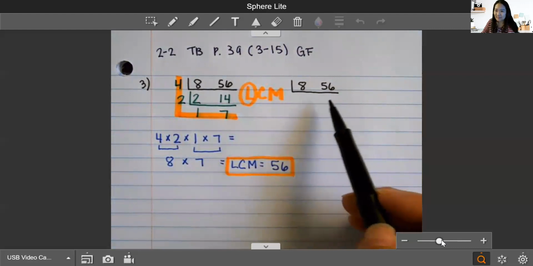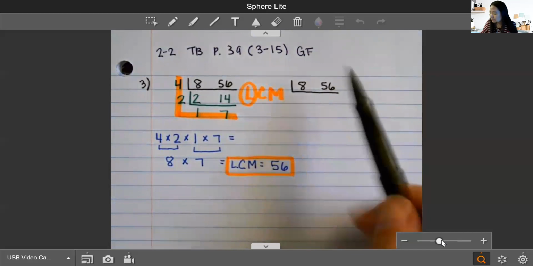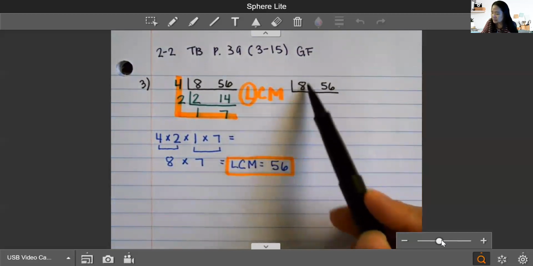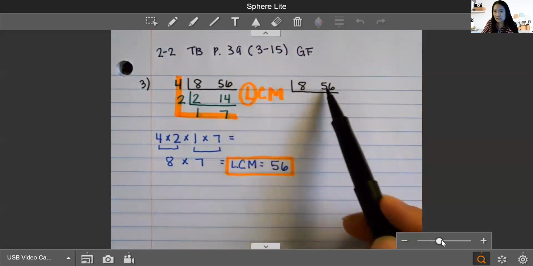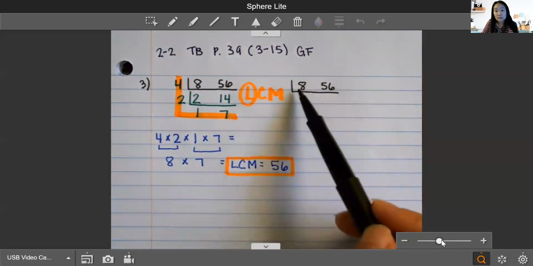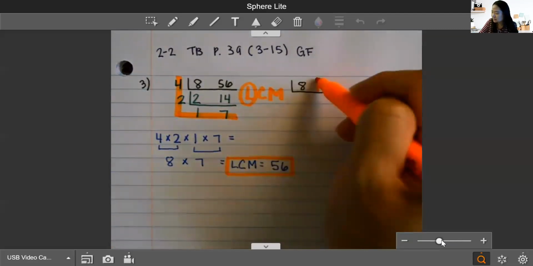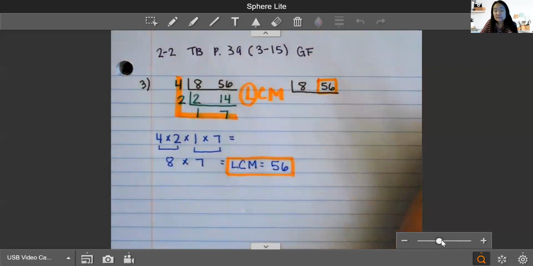Yes, it does, because 8 times 7 is 56. So if this smaller number is a factor of 56, or you can divide the bigger number by the smaller number, then you automatically know that the greater number is the least common multiple.